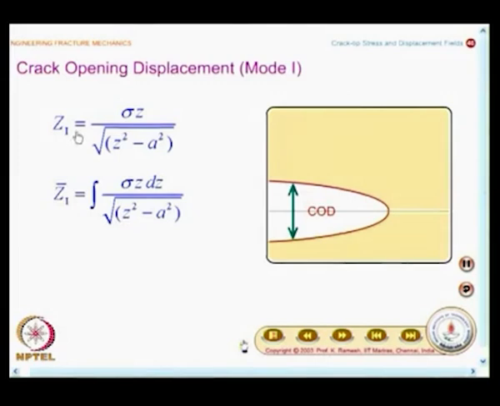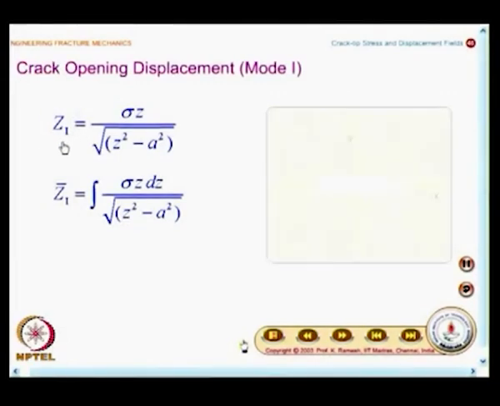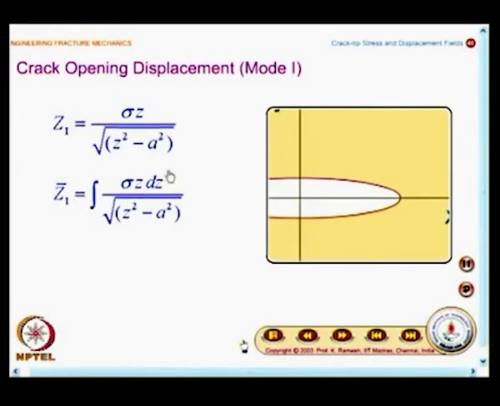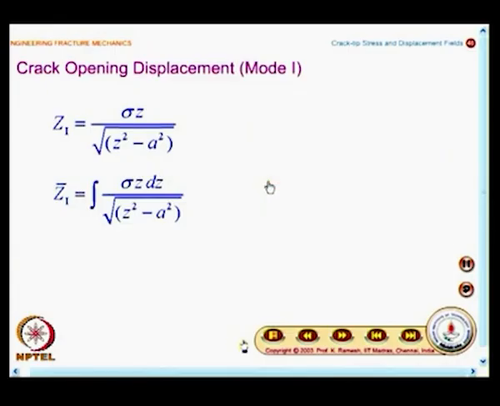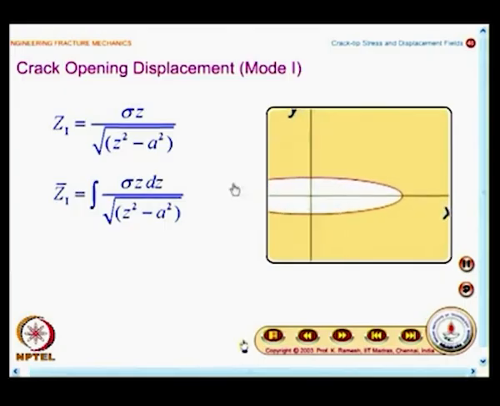So, we have to look at that, and we already have the expression for Z1, and when I want to do this, I want to look at crack center as the origin.